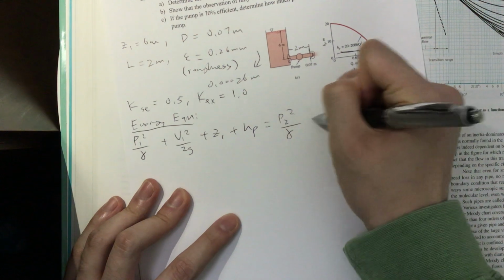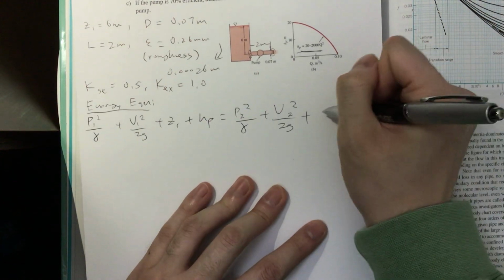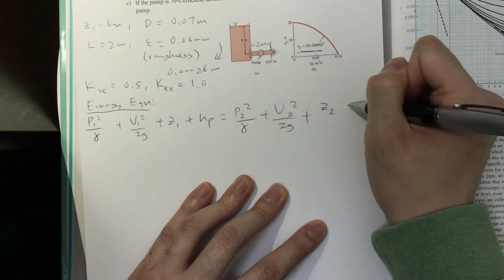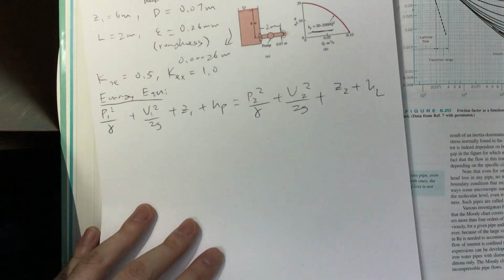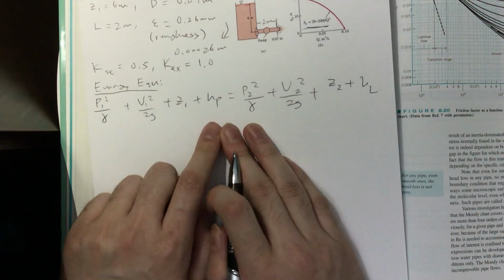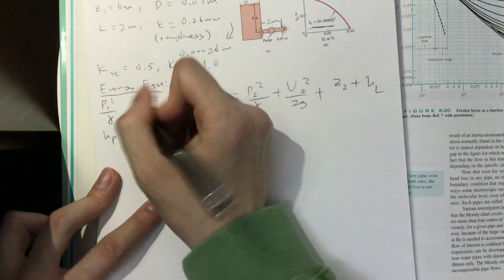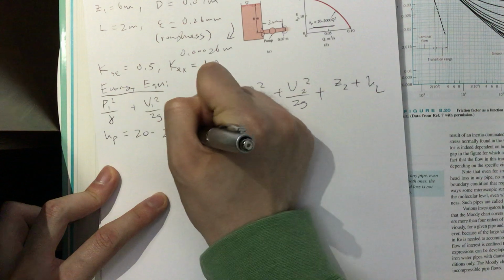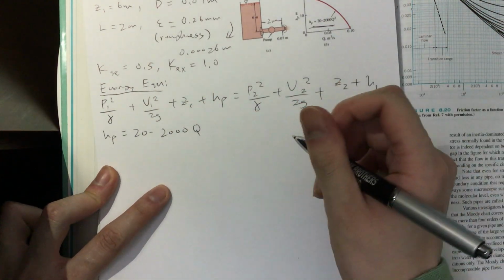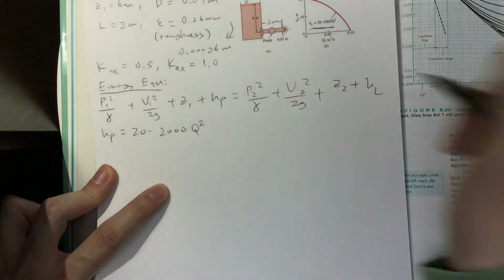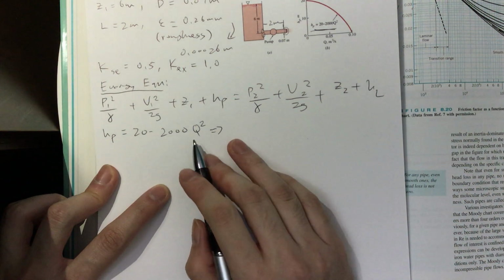Equals P2 over gamma plus V2 squared over 2g plus Z2 plus head loss. So let's work from left to right. Head pump: 20 minus 2000 times volumetric flow rate squared. That's what we're going to find later.